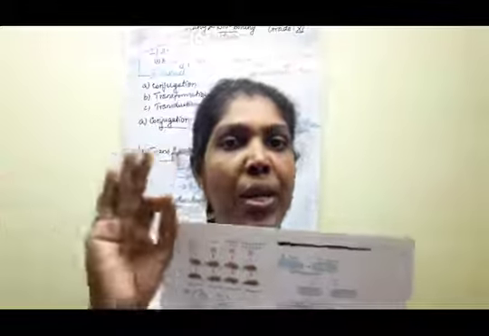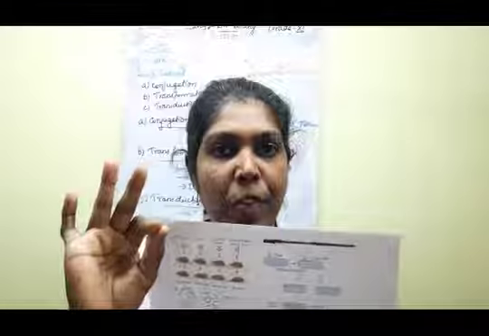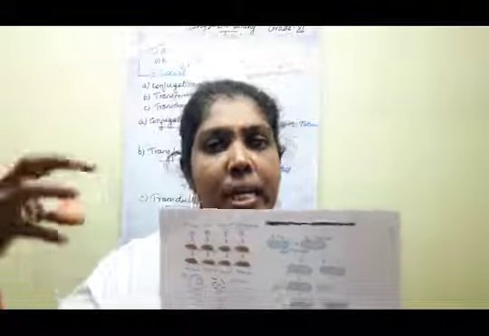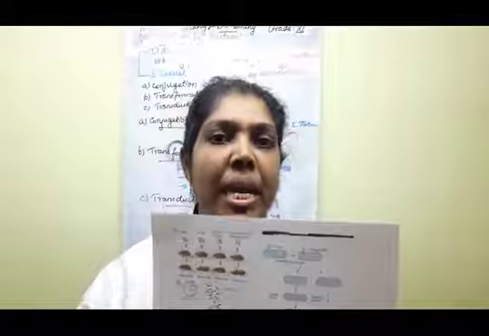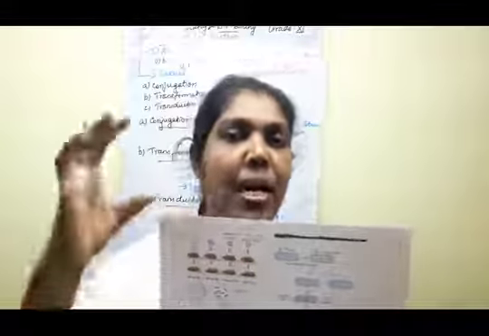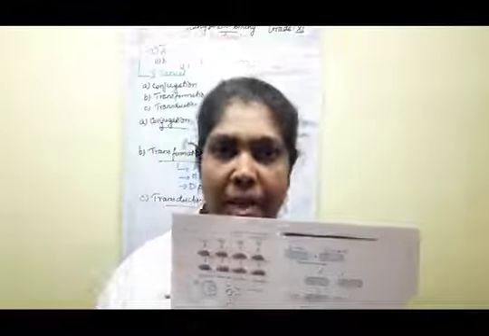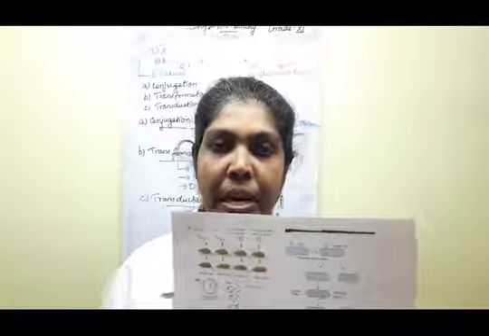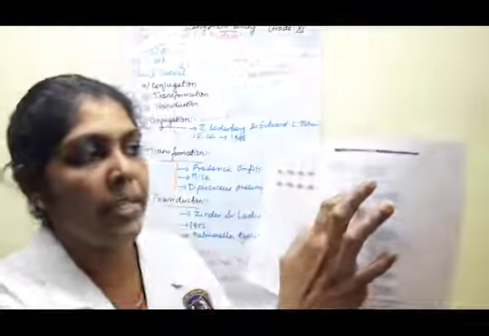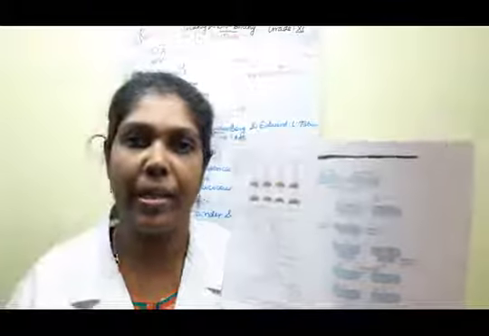It does not point to a particular position, any region is possible. So the DNA mediated by the phage into the bacterial cell is known as generalized transduction. Clear, children? At any place, the phage-mediated DNA is transferred into the bacterial cell.